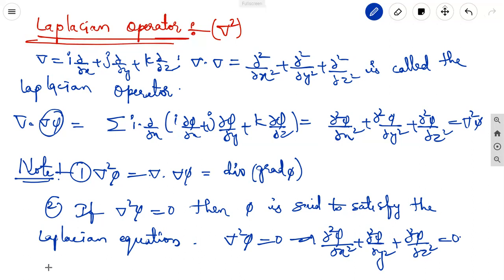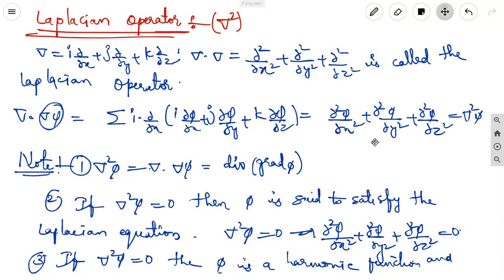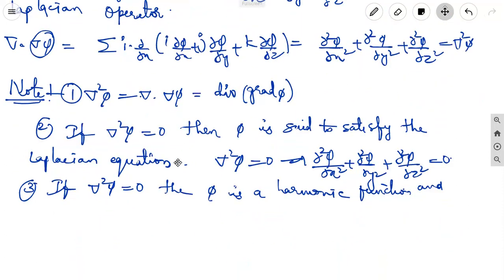The third: if del square phi is equal to 0, then phi is a harmonic function. When it is equal to 0, the phi function satisfies the Laplacian equation, and that phi function is called the harmonic function.